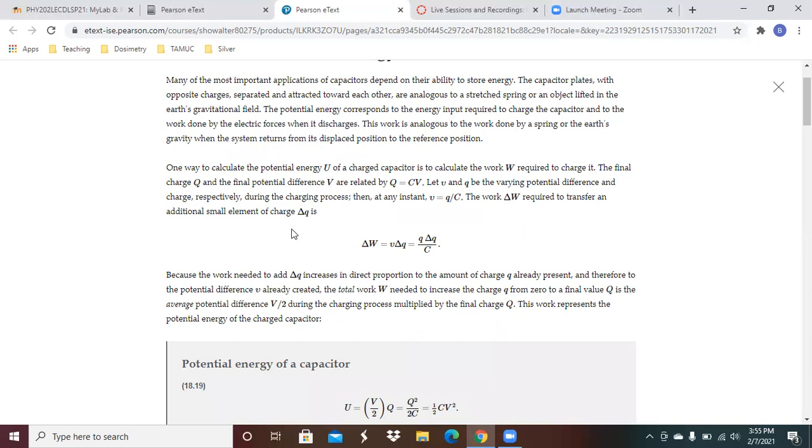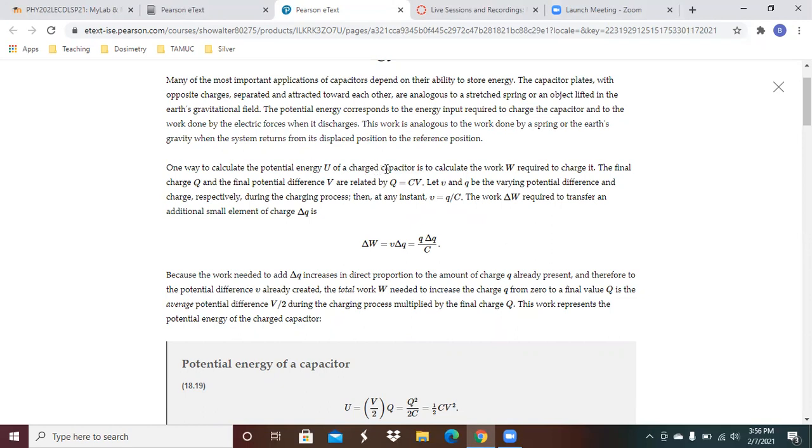The potential energy corresponds to the energy input required to charge the capacitor and to the work done by the electric forces when it discharges. That's analogous to the work done by a spring or the Earth's gravity when the system returns from its displaced position to the reference position. So basically what you're doing is storing energy in all of these particular cases.